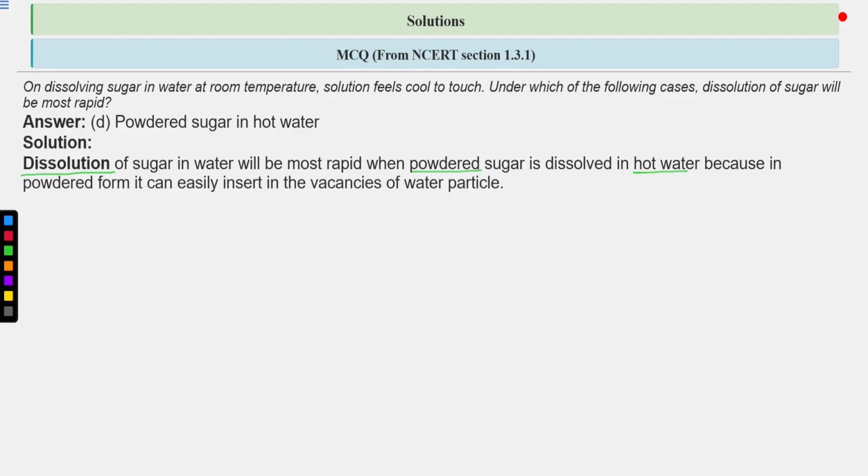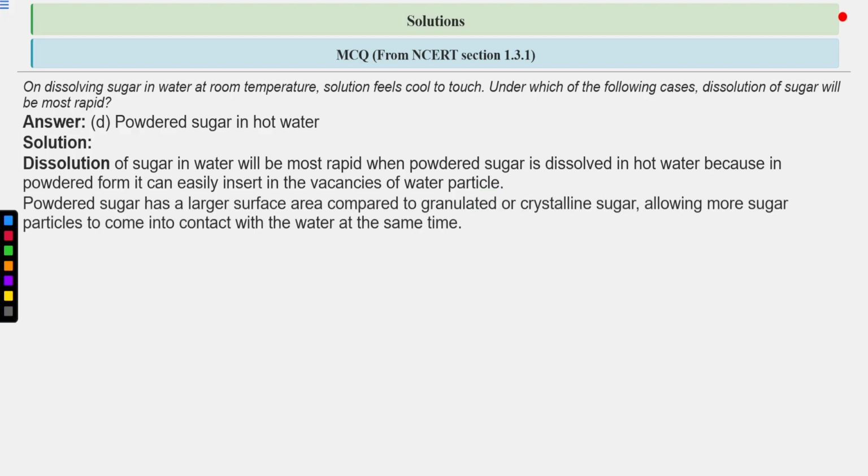Because in powdered form, the surface area of the sugar is larger, and it can easily insert into the vacancies of water particles for greater solubility or dissolution. Powdered sugar has a larger surface area compared to granulated or crystalline sugar, allowing more sugar particles to come into contact with the water at the same time to help them dissolve.